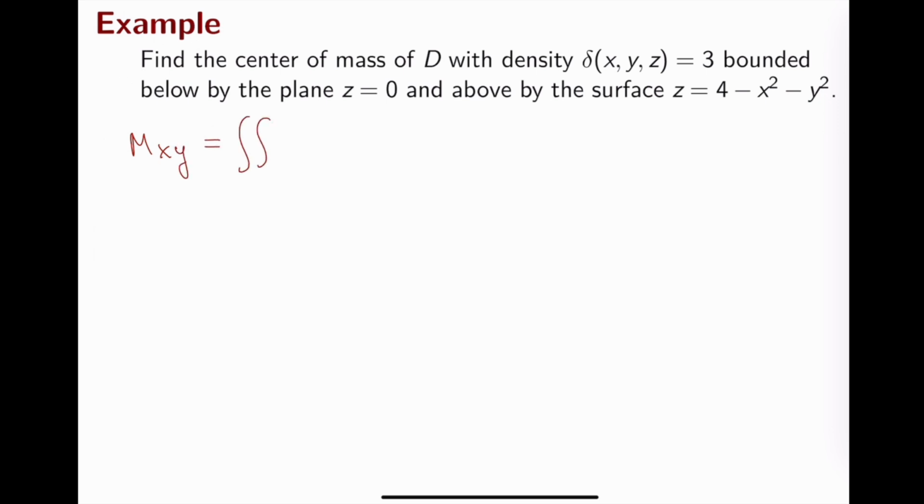So that will be the triple integral where we put inside z times the density, right? That in this case the density was 3. And we know already that for this domain we are going to use the cylindrical components, so we are going to introduce here the r dz dr dtheta.